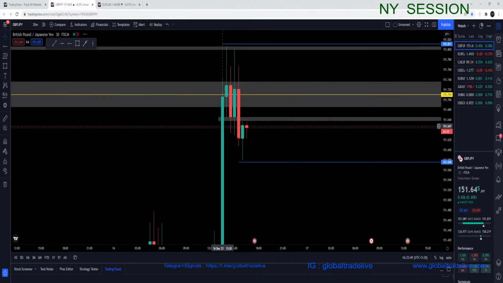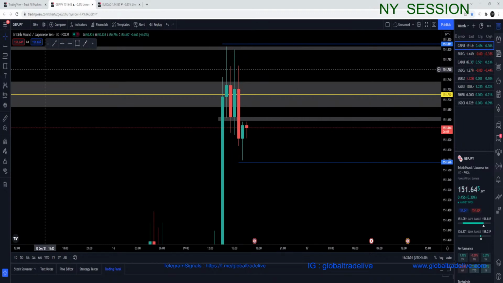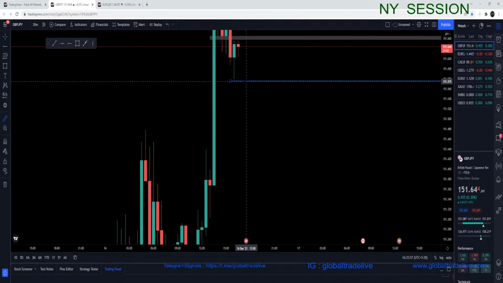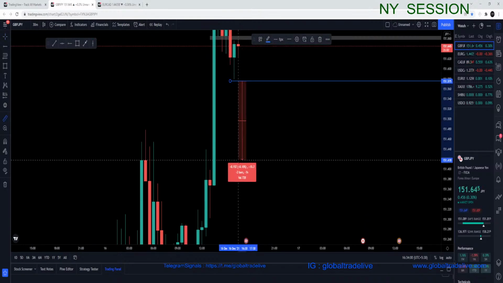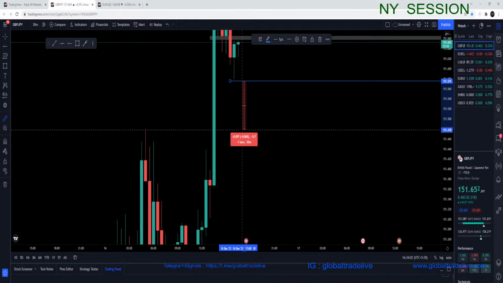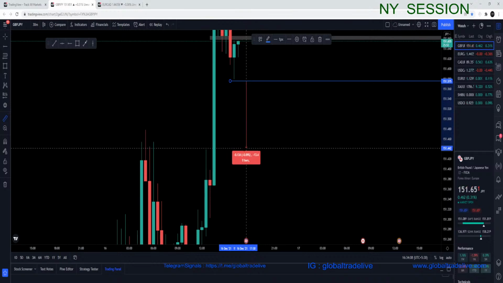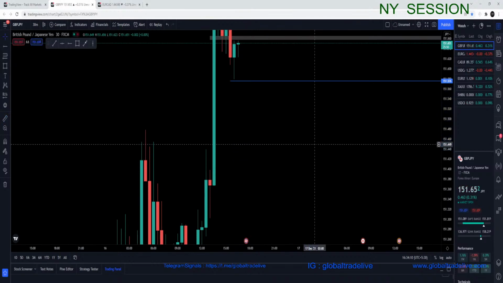I'm gonna look at the 30 minutes. 30 minutes still having 26 minutes left, and if we break this area, it can really come down to at least 9 to 15 pips.